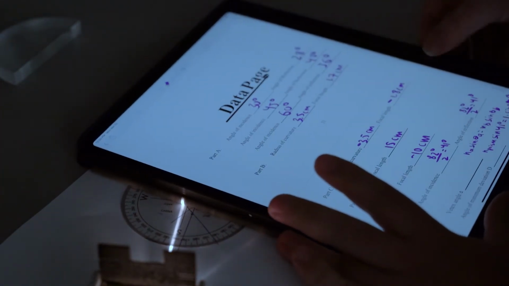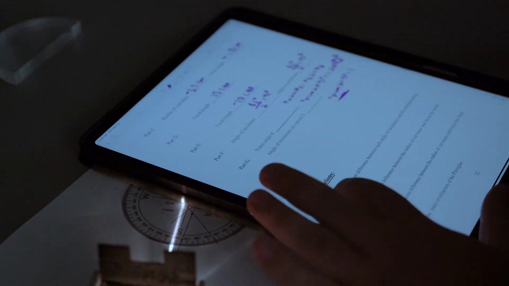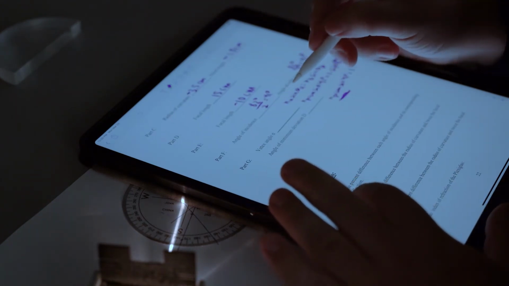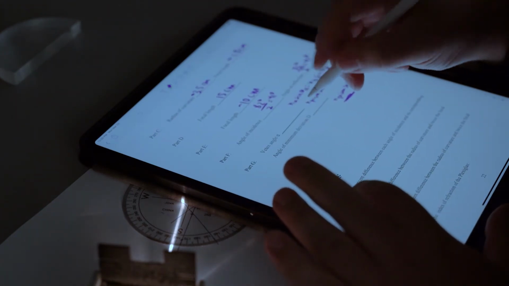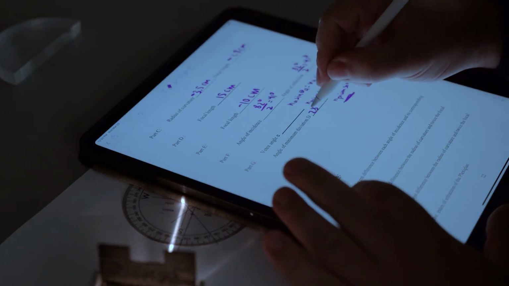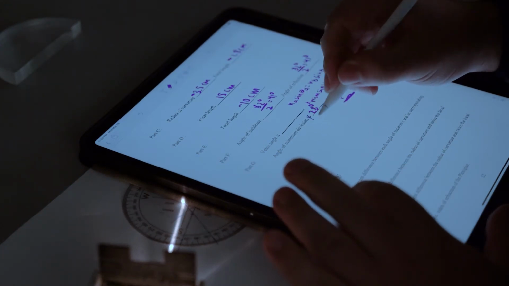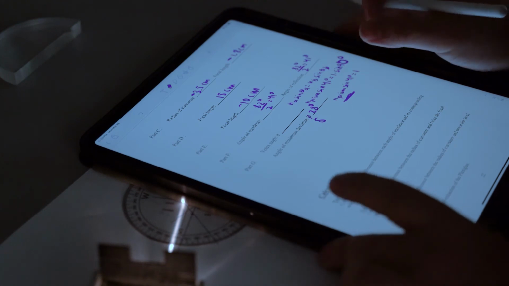Now we'll go to our data page, and for this angle of deviation, we got 28 degrees. And then now we need to measure this angle right here that the prism makes, the vertex angle.